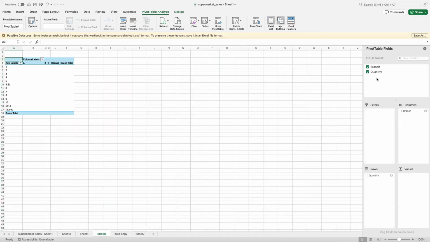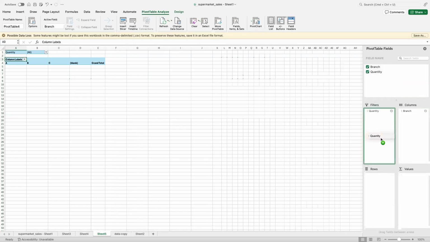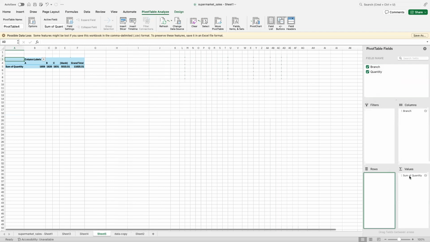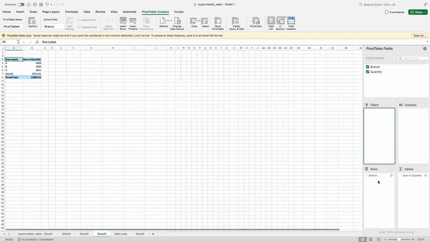Now you would move things around and see, oh, this is making sense. This is not making sense. This is not doing well. It's the rows.